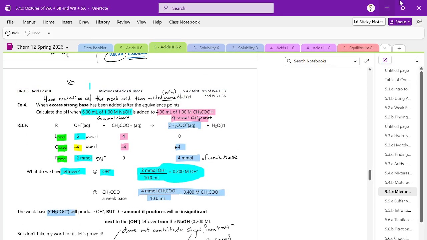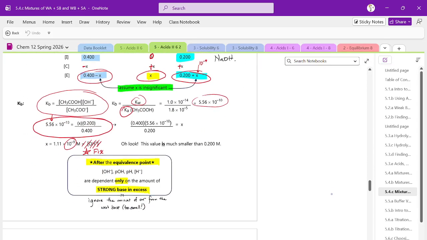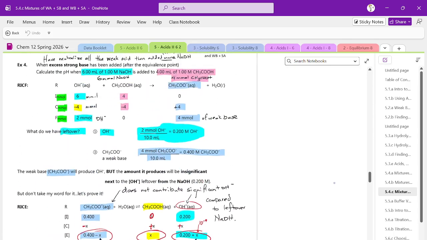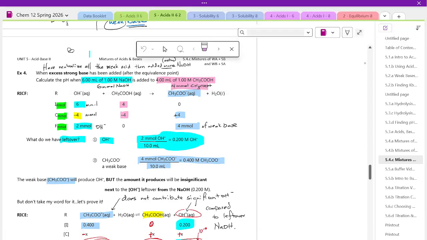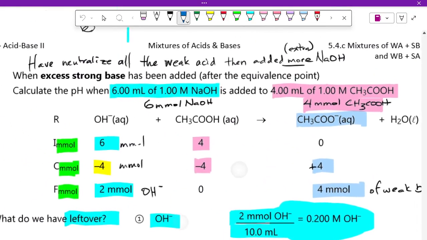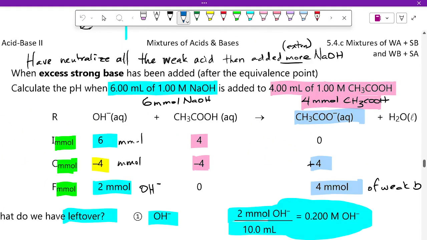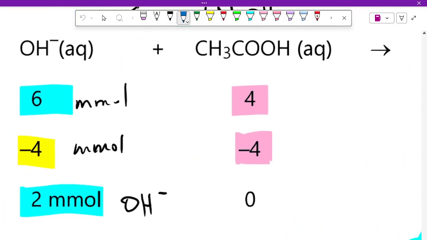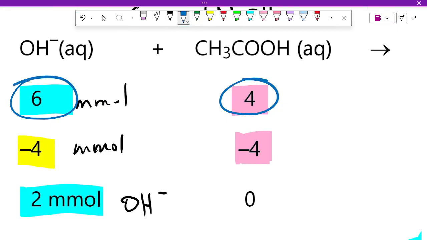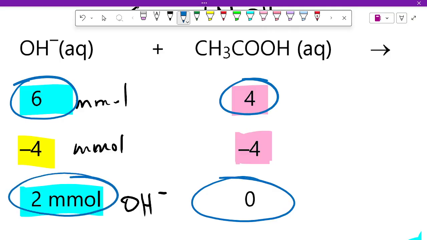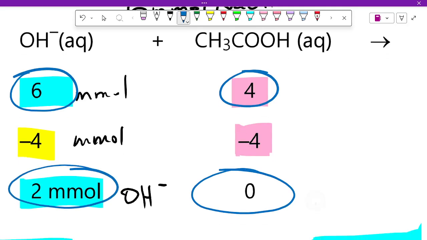This was on page 71, if you want to look. After we have neutralized all of the weak acid, so for example here, we had 4 millimoles of the weak acid and 6 millimoles of the strong base. That means we have excess strong base. So when we do the calculation, our final concentration of the weak acid is nothing, and we end up with some strong base.